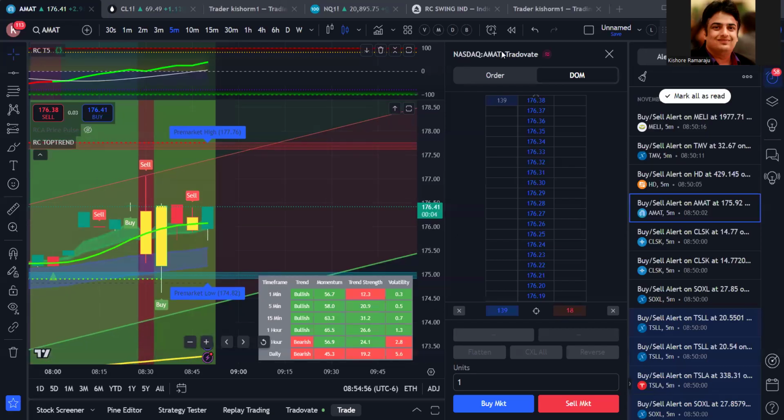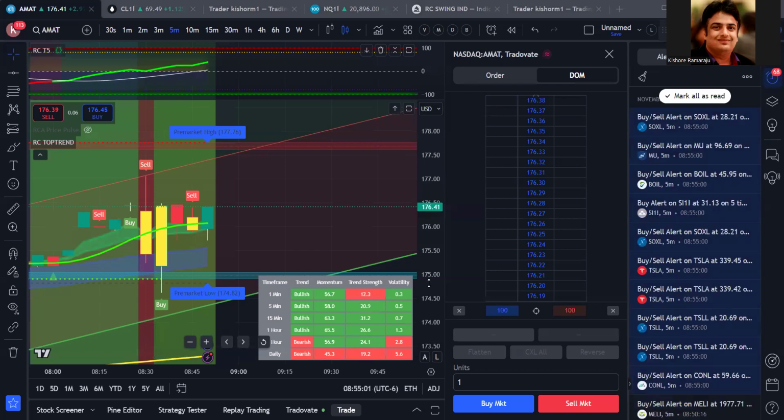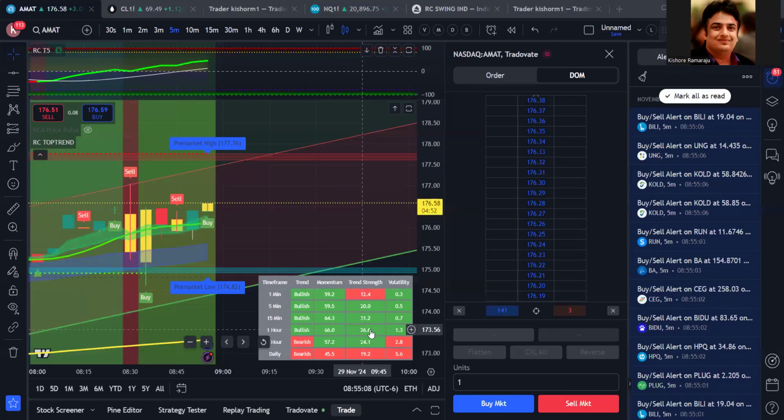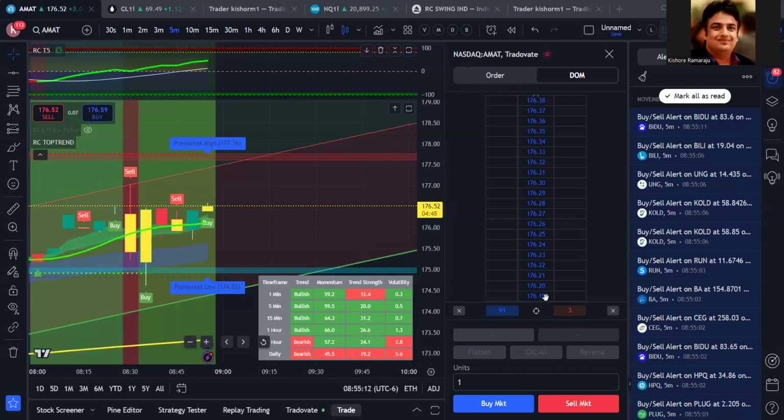Do you think we can go long on MAT? Buy calls, right? Because the trend is bullish, momentum is bullish, there is trend strength. We can get MAT.